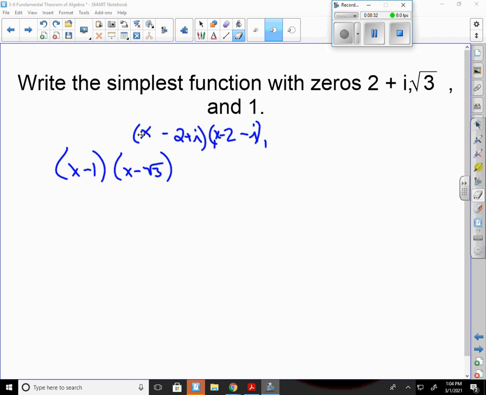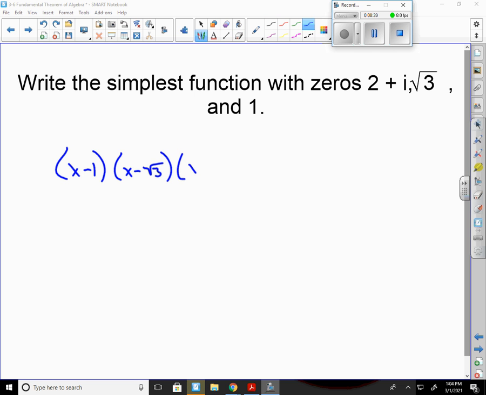We also have x plus root 3, because it would be plus or minus root 3. We do x minus 2 plus i and x minus 2 minus i.